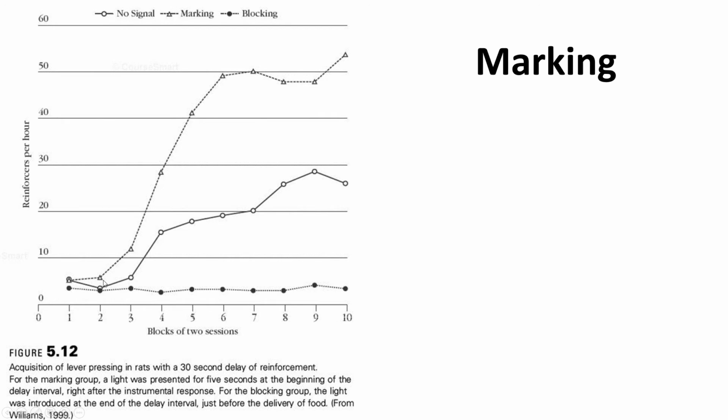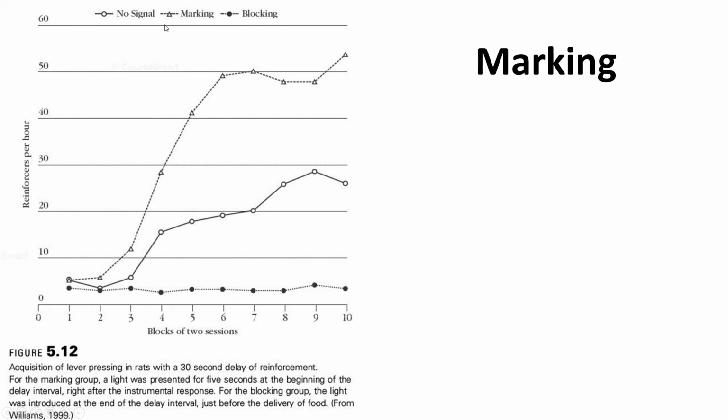If we look at then our no signal group, which are these open circles, this is what we would expect. With a 30-second delay, it takes them a while to learn that pressing the lever gets them food, but they do figure it out, and we do see a slow increase in how much lever pressing they're doing over time.